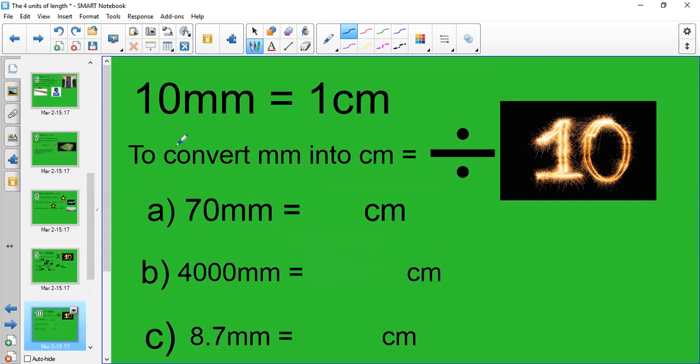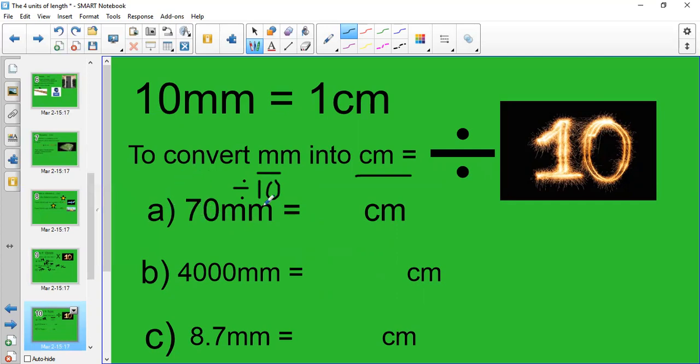Remember, to convert millimeters into centimeters, you're going to divide by 10. So 70 millimeters into centimeters, you need to divide 70 by 10. And remember, if you're dividing anything by 10, you are taking the 0 away if the number has a 0 in it, or you're moving your decimal point back to the left by one space.